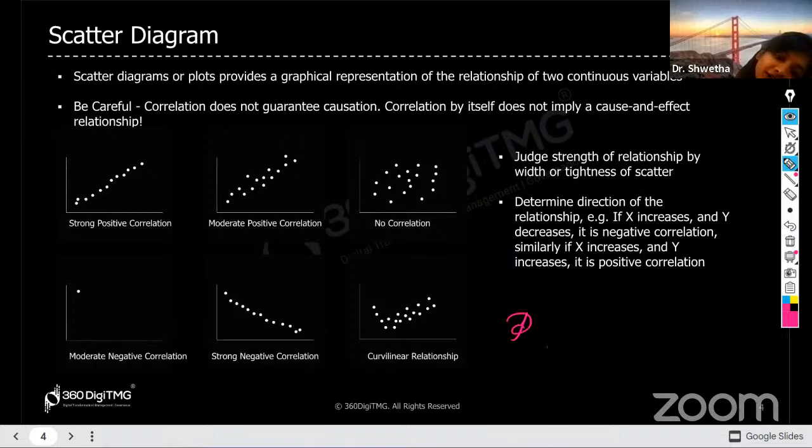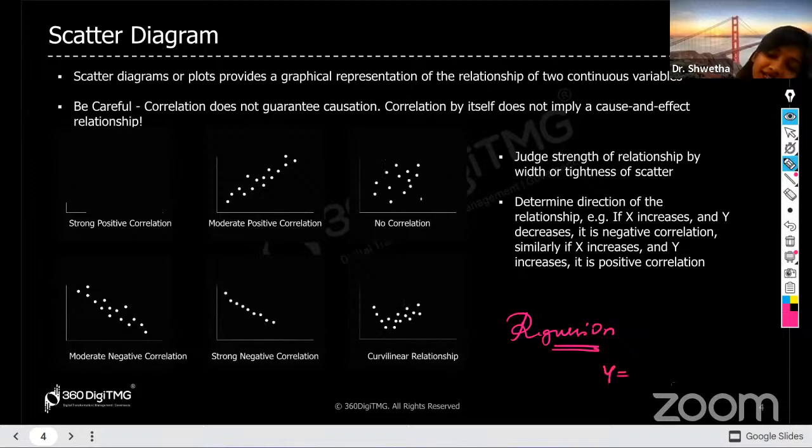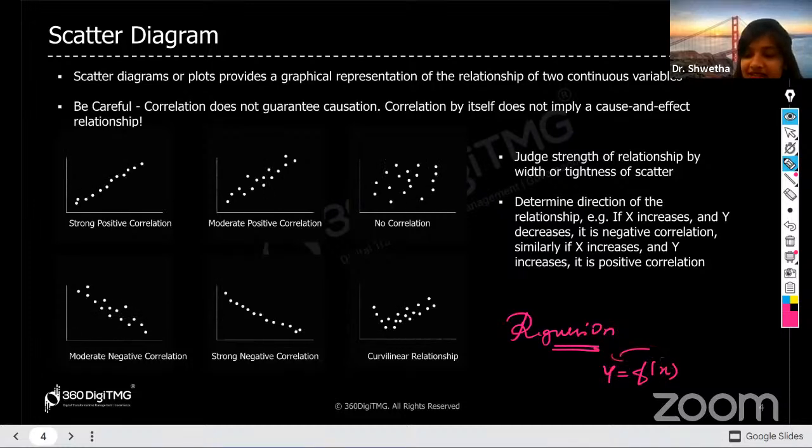So whenever we are doing regression analysis, mainly we are trying to find an equation or a dependency. Like if there is a dependency between x and y, then only we can put it into an equation and predict the new one.